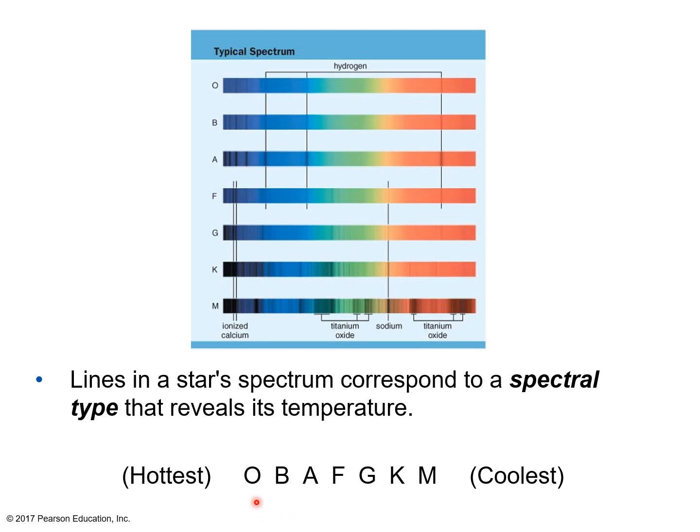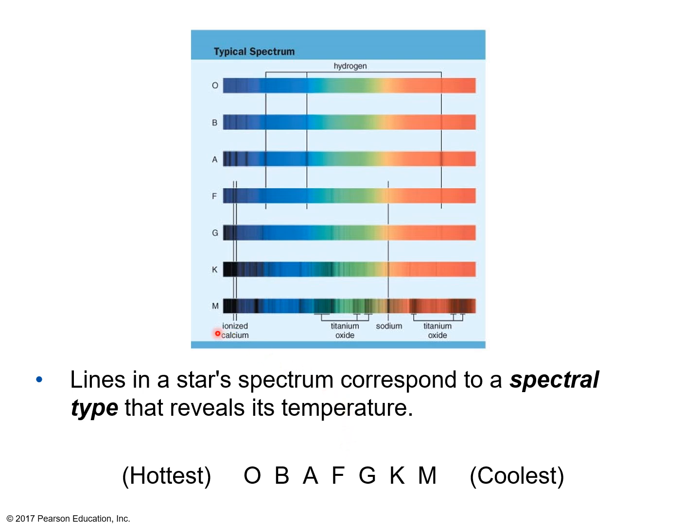So there are O stars, and we're talking about the spectral type, then B stars, then A, then F, then G, then K, then M. So that goes from the hottest to the coolest stars. We're not going to get into the details of what exactly defines an O star or a B star, etc., but it has to do with what spectral lines are found in those different types.